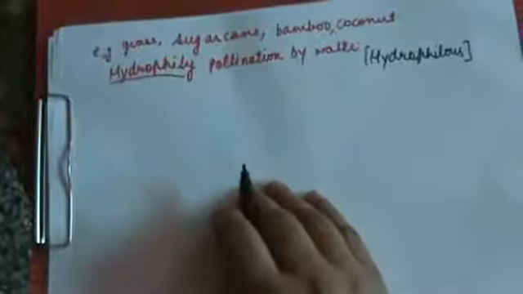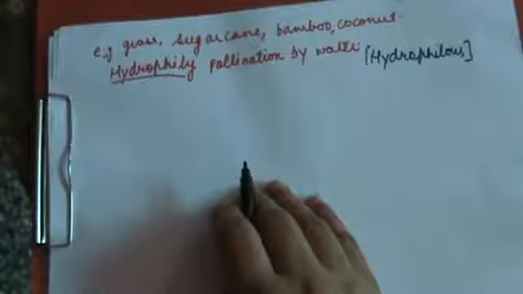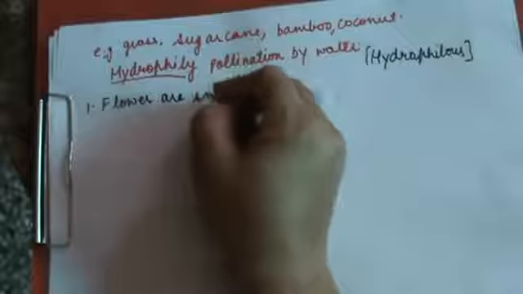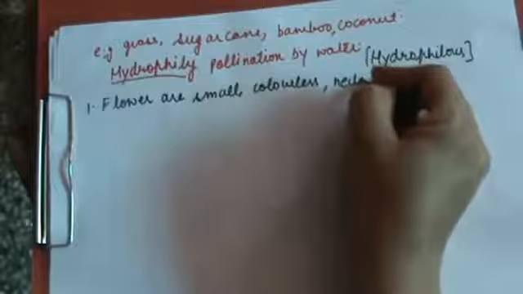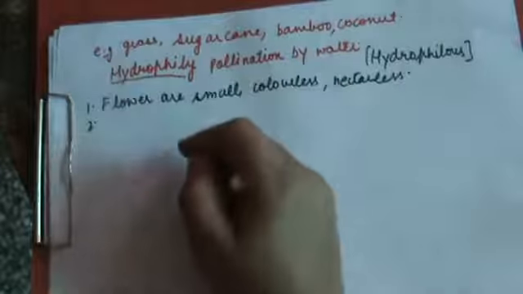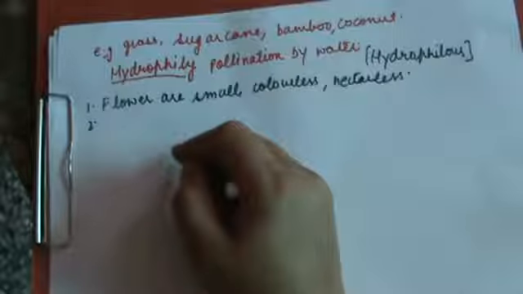Now, what are the characters of the hydrophilous flowers? Number one, flowers are very small, colorless and nectarless, same as in anemophily. Second, calyx and corolla and other floral parts are unvegetable. वो पानी में रहते हैं लेकिन पानी के साथ गीले नहीं होते हैं.